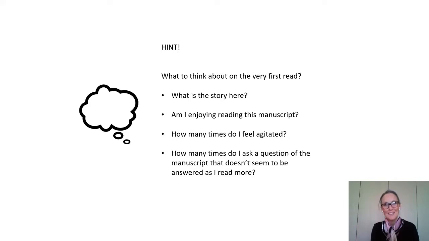Things that agitate me when I read a manuscript for the first time would be an abbreviation that's not been written out in full, so I actually don't know what the authors are talking about. Or they keep making the same mistake, the same spelling mistake even. Not that that's my job, and we'll talk about that later on.